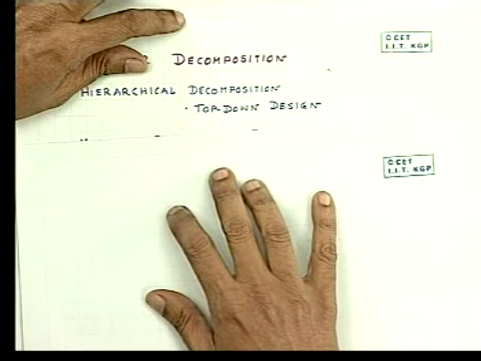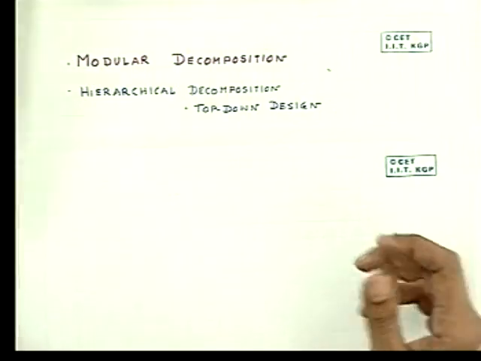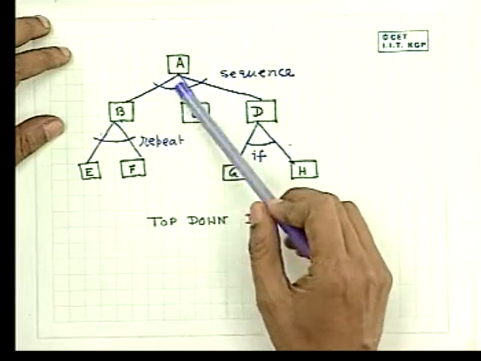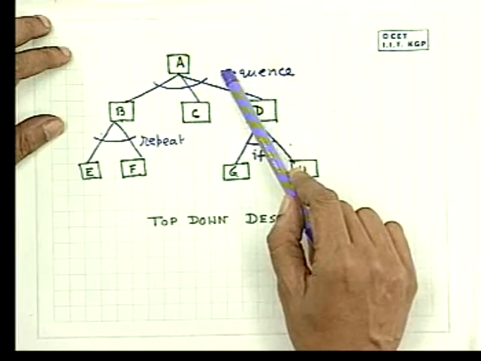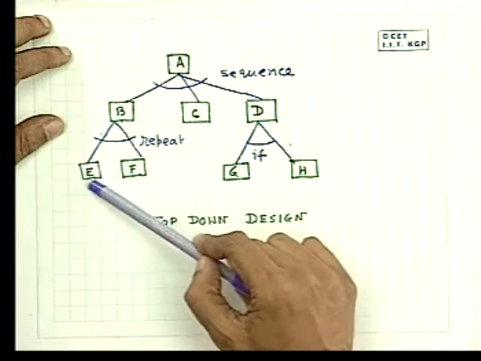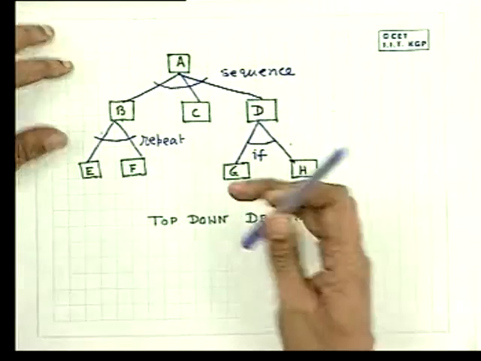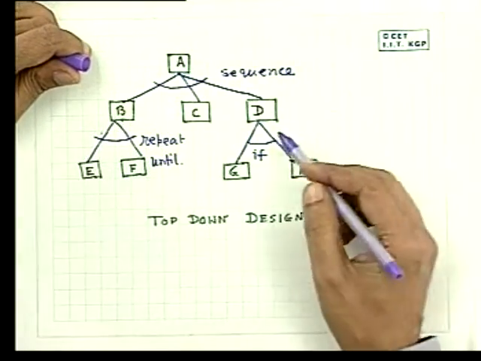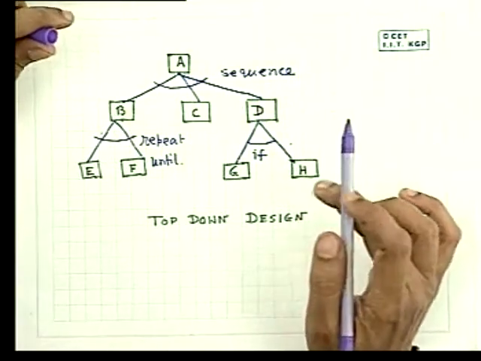Like for instance, you have a complex problem, you can say that this problem will involve solving these three problems B, C, D in sequence, out of which the problem B will involve repeated solving of the problems E and F until certain conditions hold. So we write it as repeat until, whereas problem D can be solved if either this or this, under certain conditions, is executed.